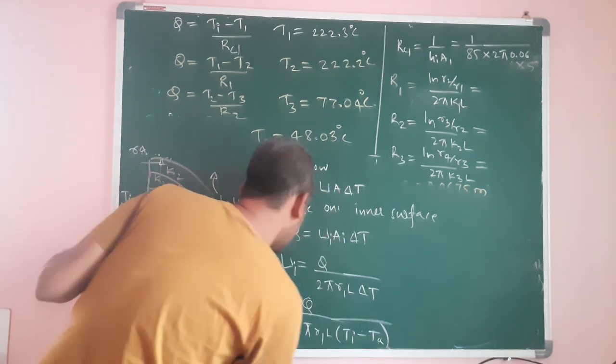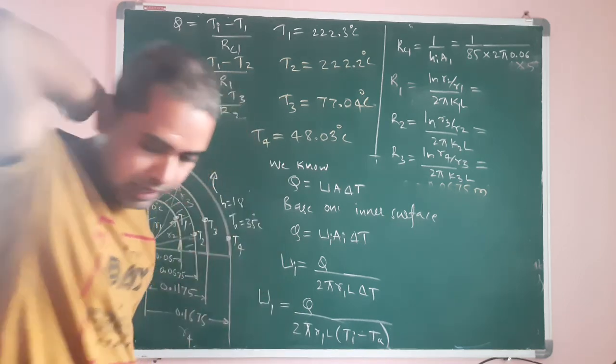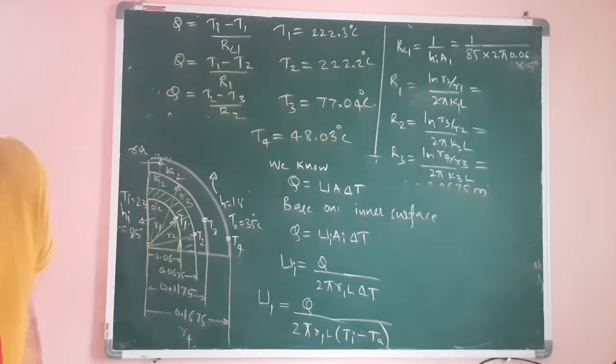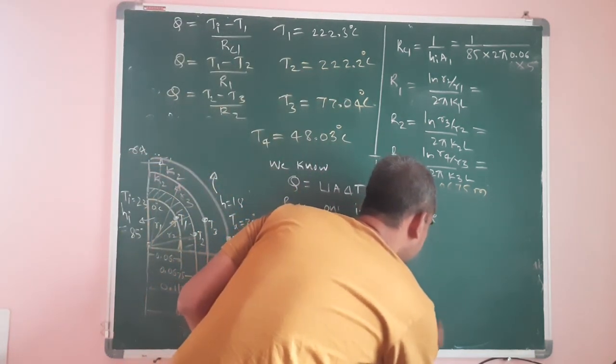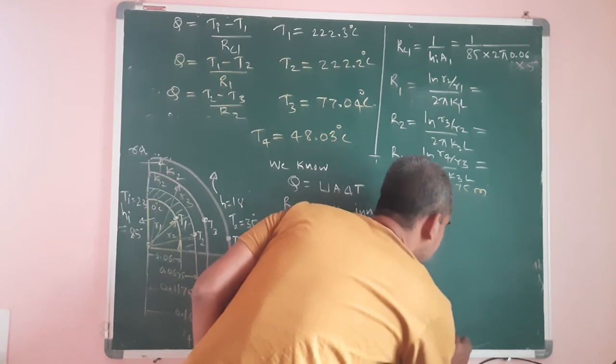If you substitute here, you will get Ui as 3.357 watt per meter square Kelvin.